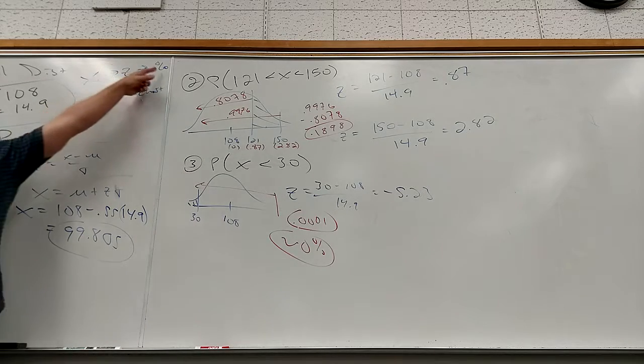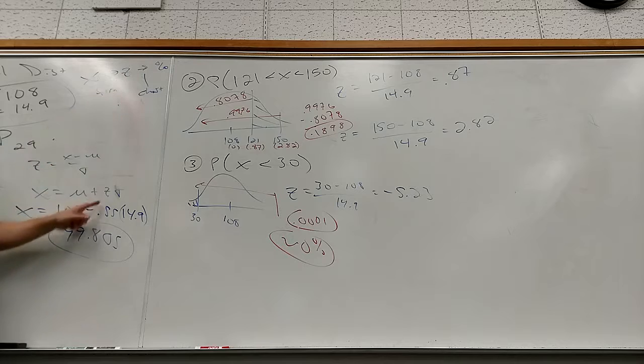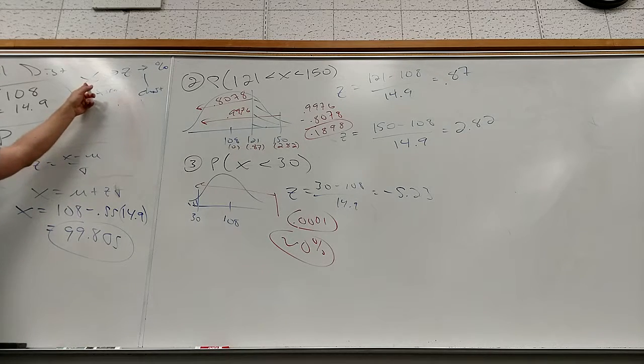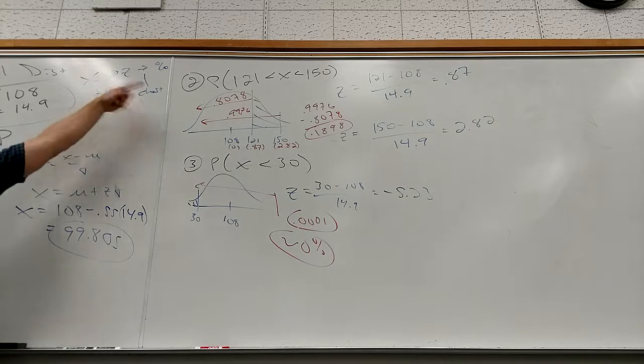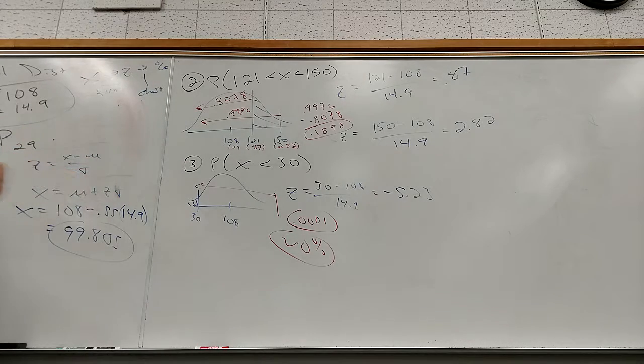They give me a percentage, I use the chart to get back to the z-score, and then I use the formula to get back to the x-score. If they give me a raw score and ask me about a probability, I make it a z-score and then look up the area. So it's one way or the other.